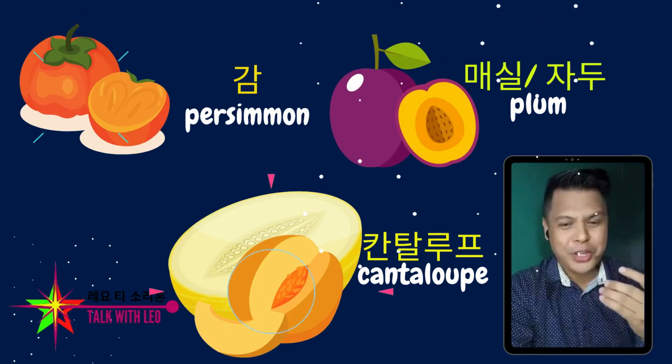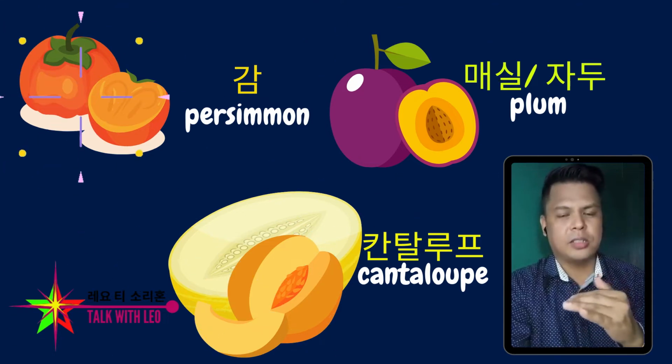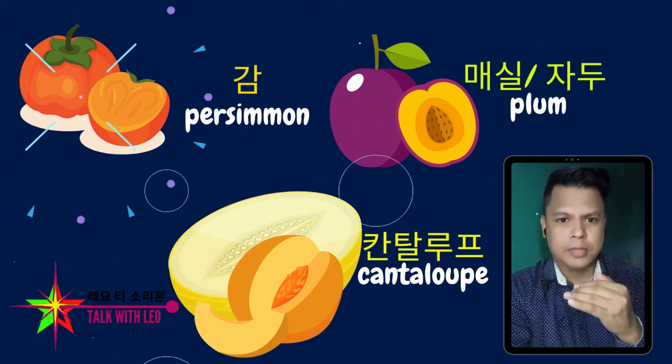Continuing, we have persimmon. Persimmon is gam in Hangul.